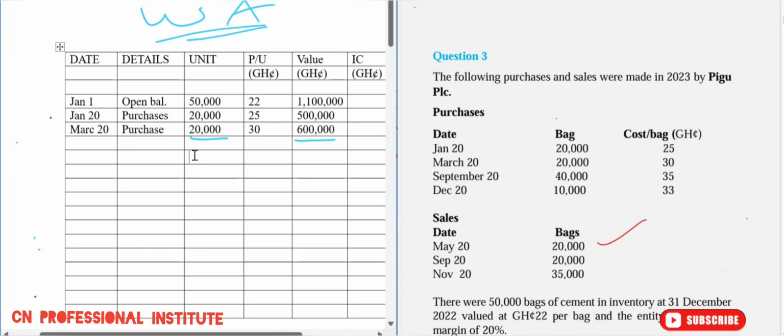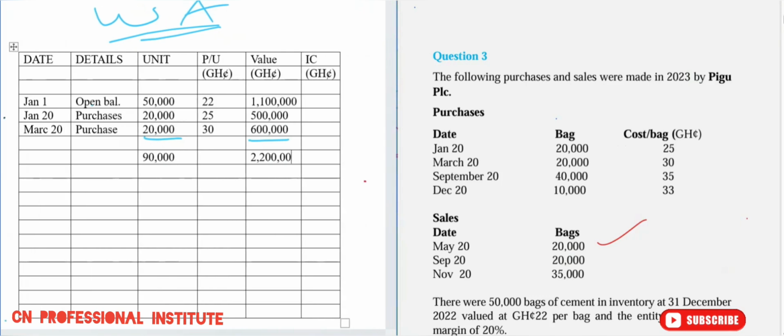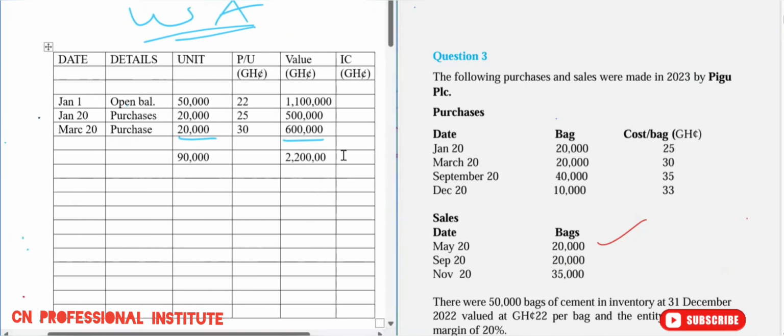Here 50 plus 20 plus 20, we have 90,000 units. And then 1,100,000 plus 500,000 plus 600,000 will give us 2,200,000.